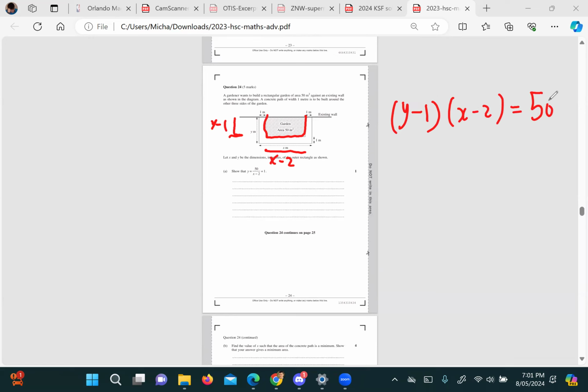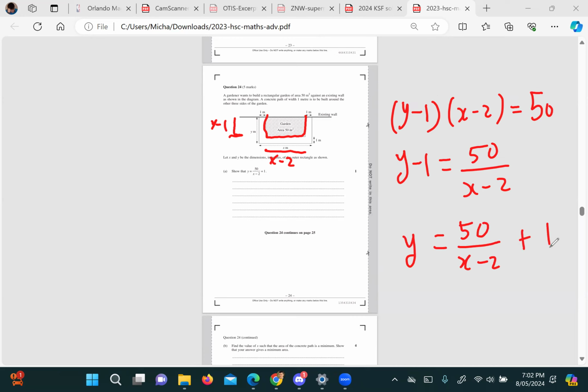Then I divided by x minus 2, so I got y minus 1 equals 50 on x minus 2, and then added 1 to both sides to get y. Okay, so it's the same as what they wanted, right? Yeah. Okay, very good.